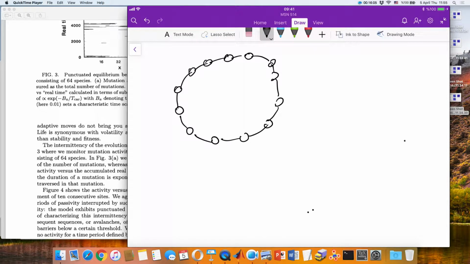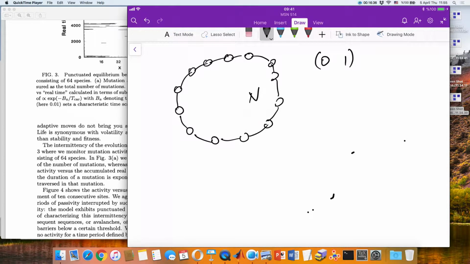The system starts with n sites around the circle, and each one starts with a random number between 0 and 1. Then you choose the one with smallest fitness and replace it with a random number.